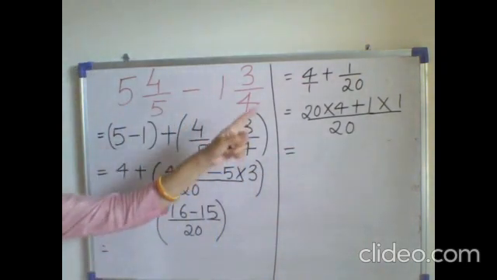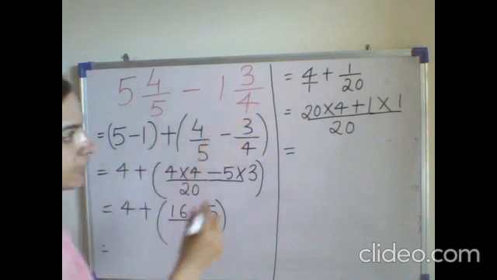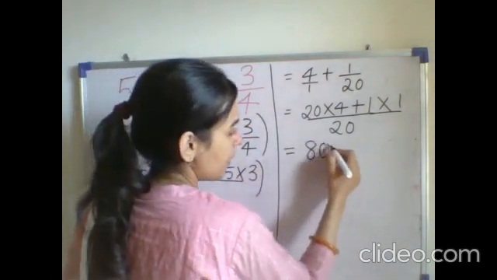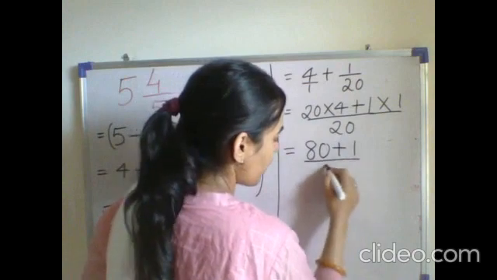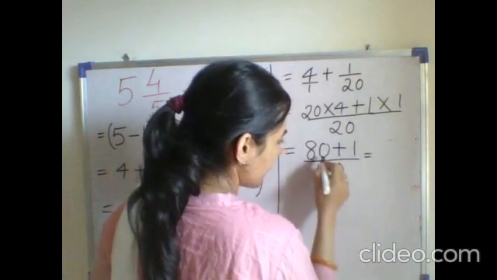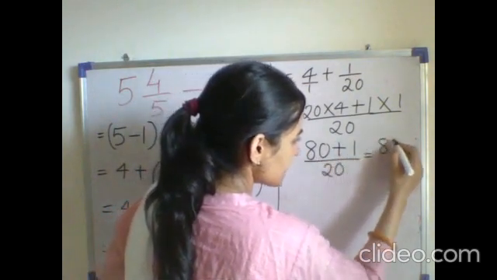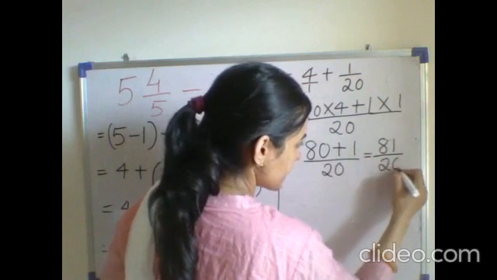So 20 multiplied by 4 is 80, plus 1 upon 20. 80 plus 1 is 81 upon 20.